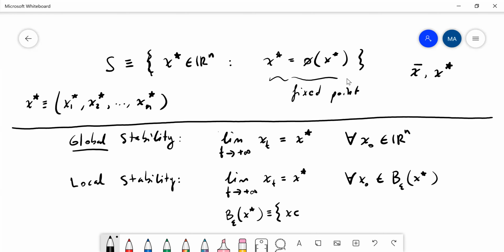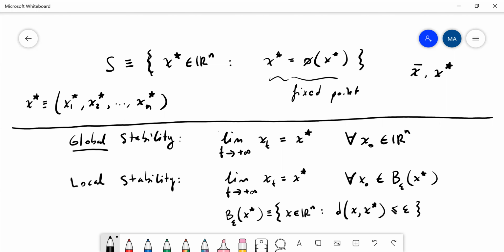There are x's in this set, and these x's should satisfy this property: the distance between x and x star should be less than or equal to epsilon.